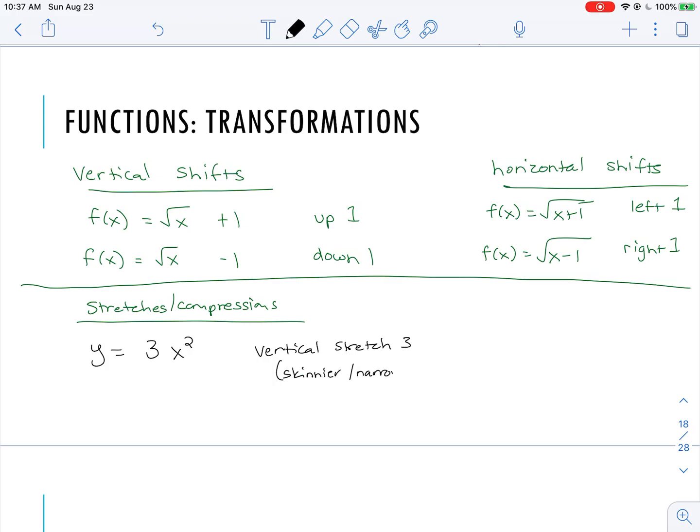So that's going to make my parabola skinnier or narrower. If I had y equals 1/2 x squared, that's going to make the parabola grow slower. So we call this a vertical compression, and it's going to make your parabola wider.